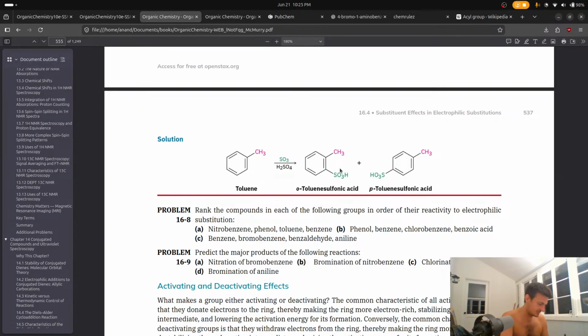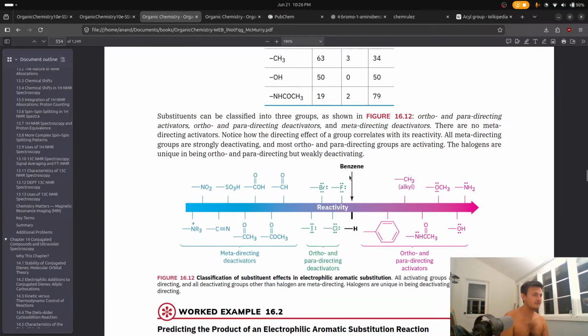Okay, now we've got benzene, bromobenzene, benzaldehyde, and aniline. So what are the activators? Okay, so aniline is great, so this is going to be 1.